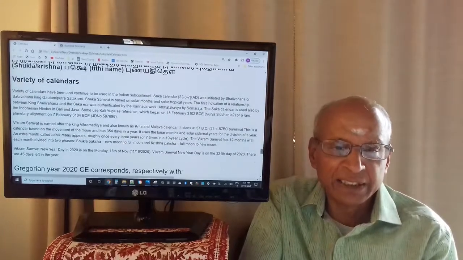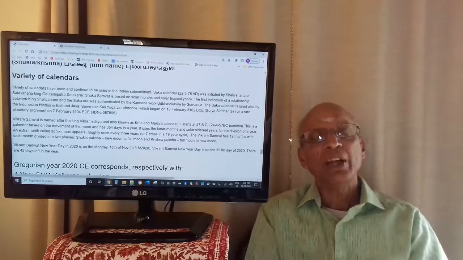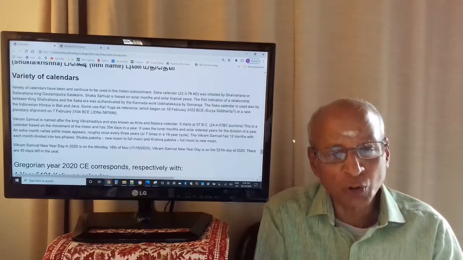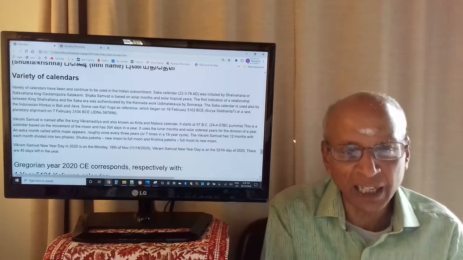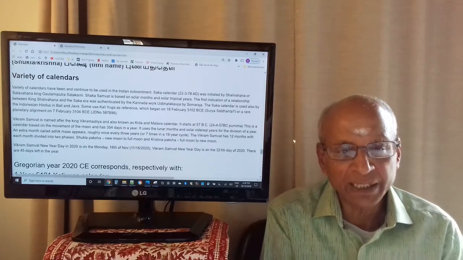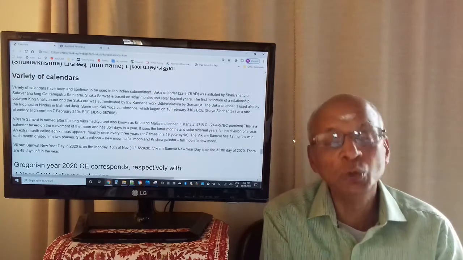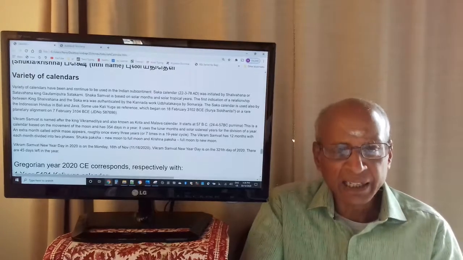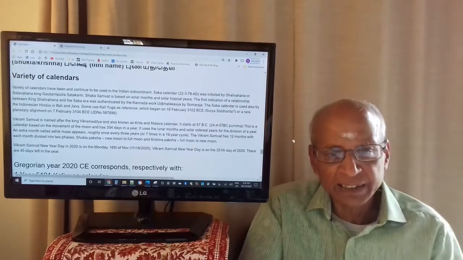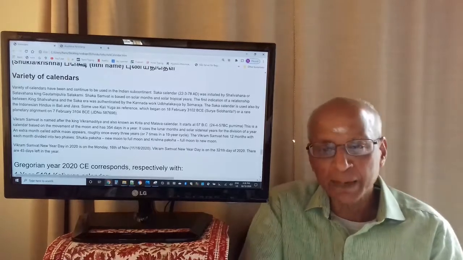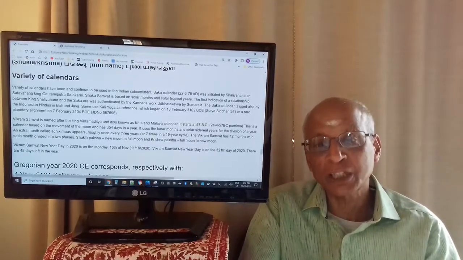There is a variety of calendars, hundreds of them. Roughly, I will go through two calendars. One is the Saka calendar and the other is the Vikramaditya calendar, Vikram Samvat, which is a lunisolar calendar. The Saka calendar has its origin in AD, that is 22nd March 78 AD, the March equinox.